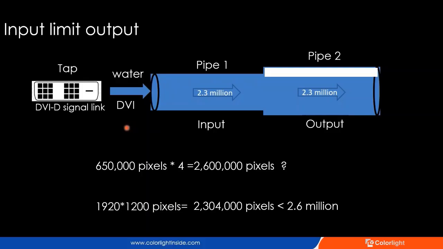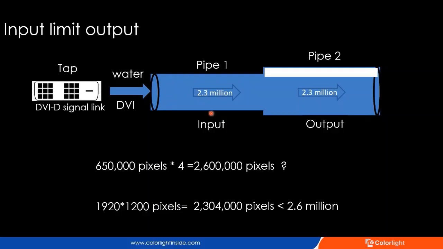Let's see these pictures. Think of the device signal interface as a tap and the water pipe 1, where the water comes from here. The maximum resolution of the single-link DVI-D is 1920 by 1200 pixels.